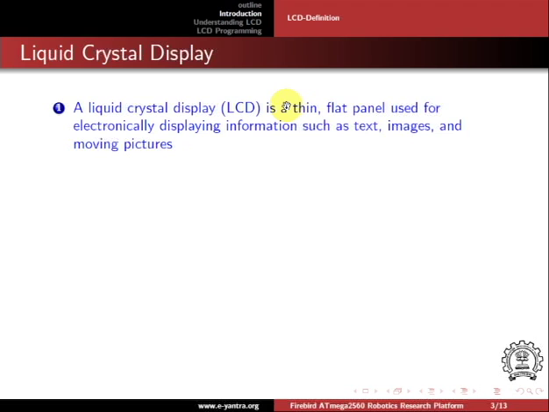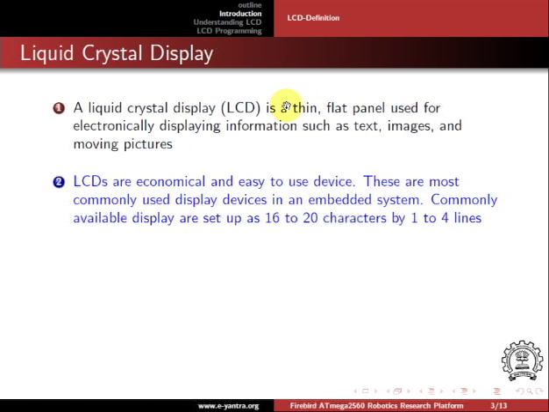So what is LCD? Liquid crystal display, or LCD in simple words, can be defined as a thin flat panel device used for displaying some kind of text or images or animation in a user-defined format. So LCDs are economical and easy to use devices, which makes them suitable for being used as display device in any embedded system application.